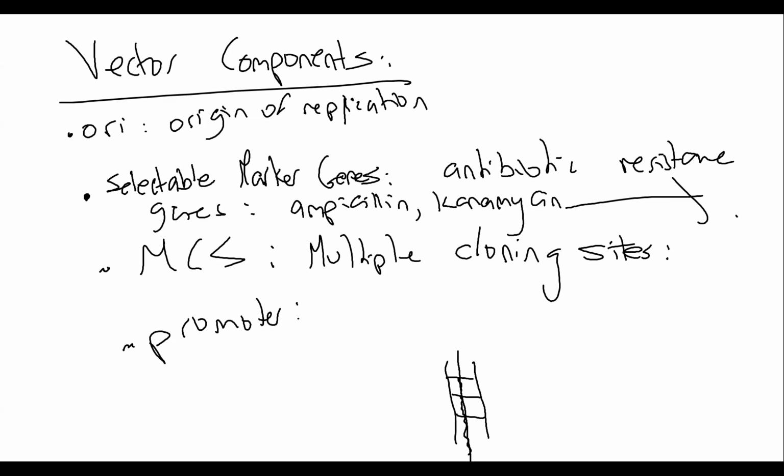Restriction enzyme, where do they cut? Let's say this is the double helix, and these are the hydrogen bonds. If the restriction enzyme came to cut, will it cut horizontally or vertically?